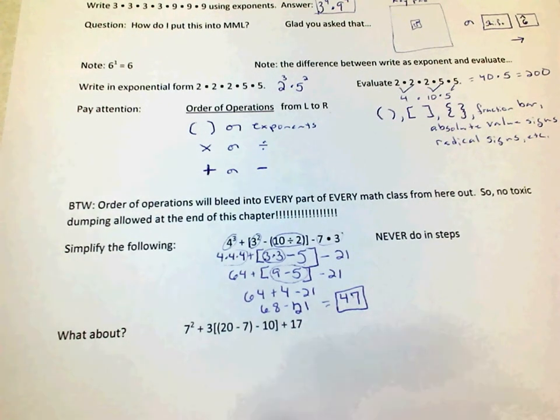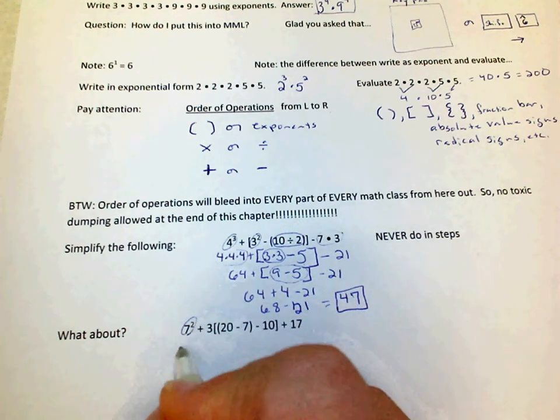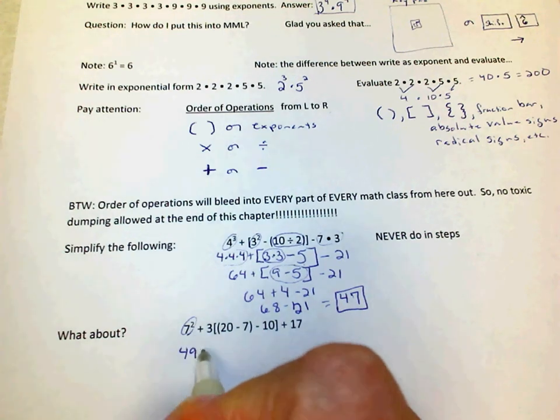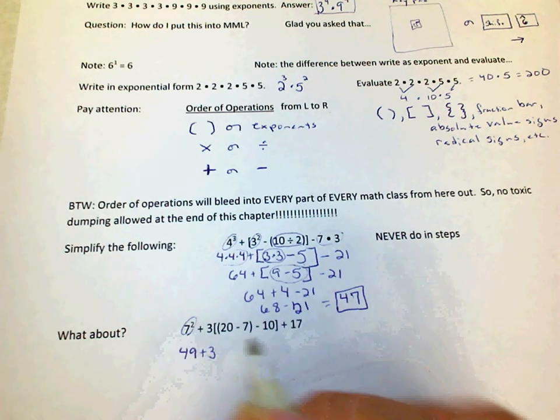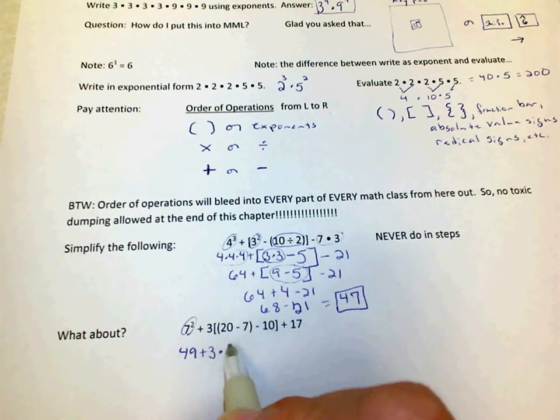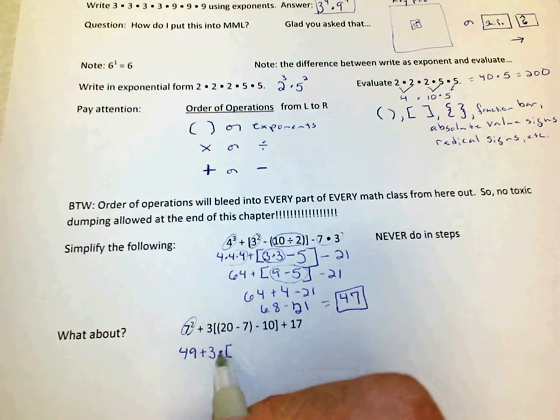Now, 7 squared. So that's 7 times 7, which is 49. And I have to say plus, and remember, if there's nothing between 3 and bracket, it's times. Times is a bigger dog than plus, so don't try to add before you times.